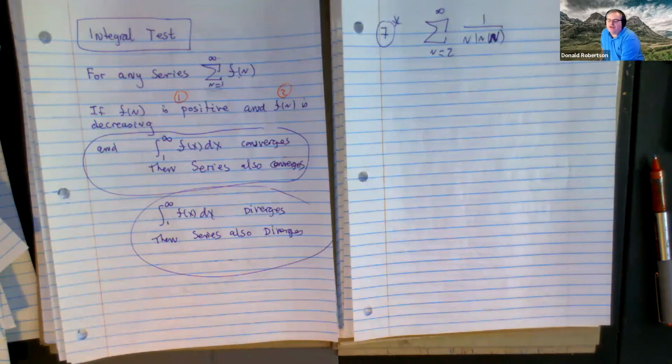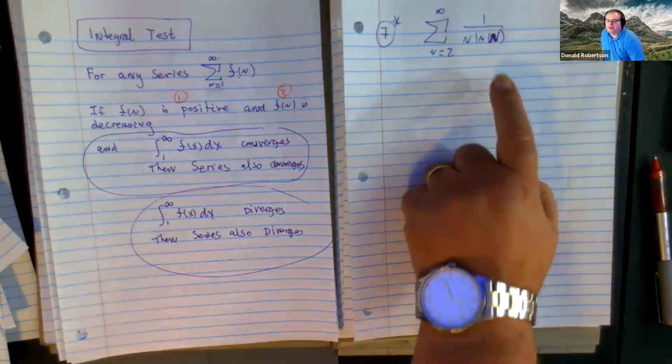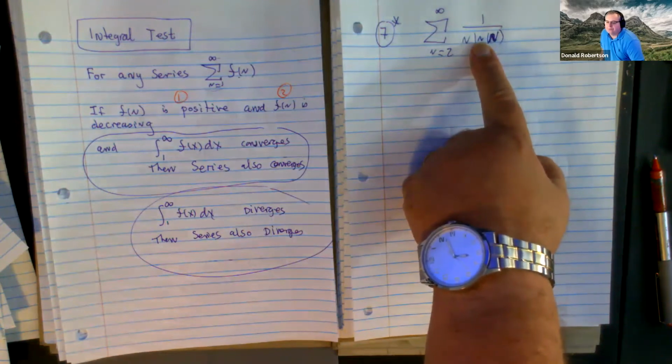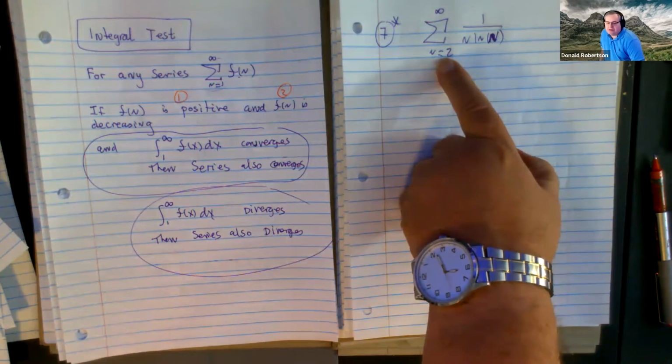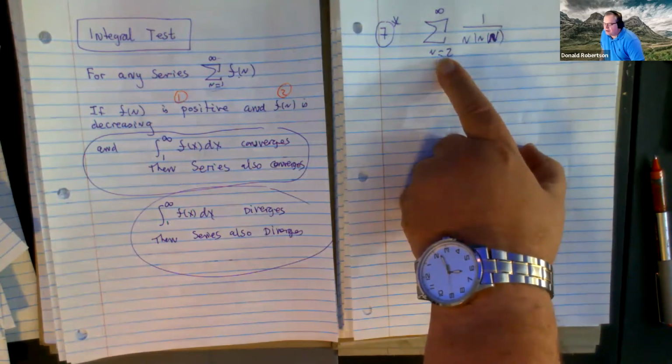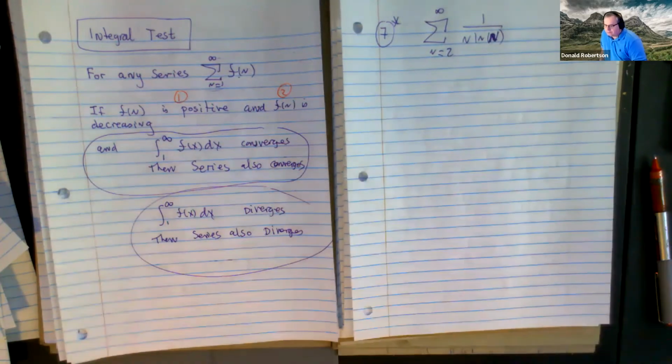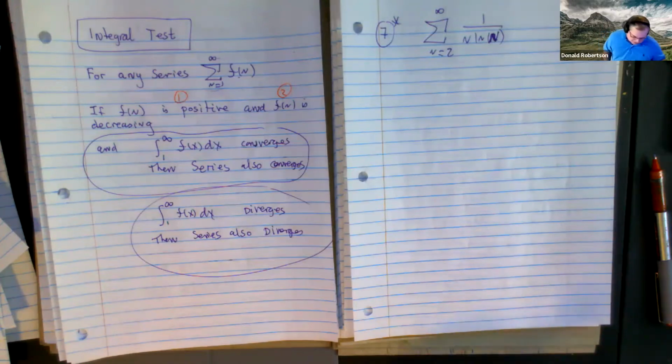What would happen if n is equal to 1? What would this be equal to? 0. And 1 over 0 is bad news. So now, does that change anything? Actually, not much, right? It just means it's going to be 2 to infinity, not 1 to infinity. That's pretty much the only thing that's going to change.